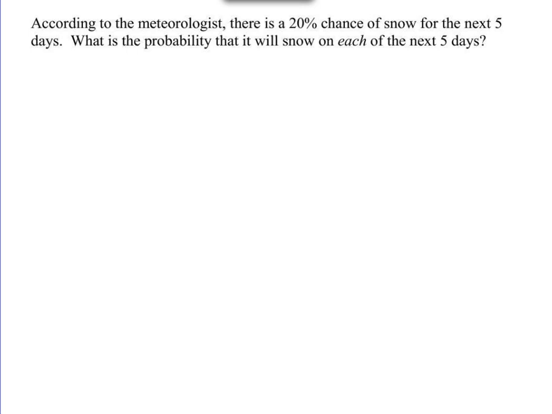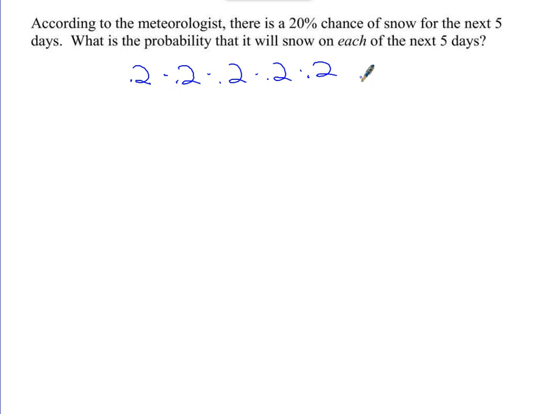What do we do? This is a fundamental counting principle problem. What is the probability that it will snow on the first day? 20%. As a decimal, that is 0.2. What is the probability that it will snow on the second day? 0.2. And the third day? And the fourth day? And the fifth day? That is the probability that it will snow on all 5 days.